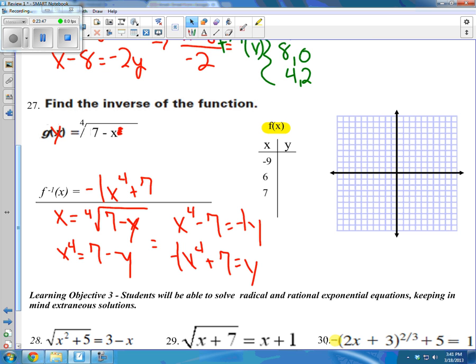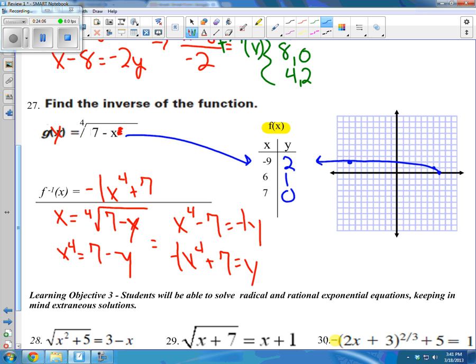A t-chart with the original points results with negative 9 giving me 2, 6 gives me 1, and 7 gives me 0. And it goes something like this. So when I graph the inverse points, 2, negative 9, 1, 6, and 0, 7.